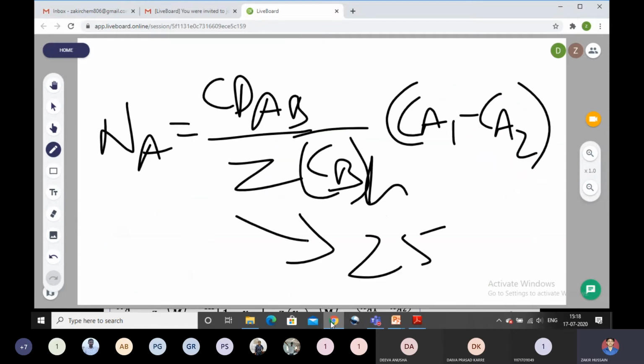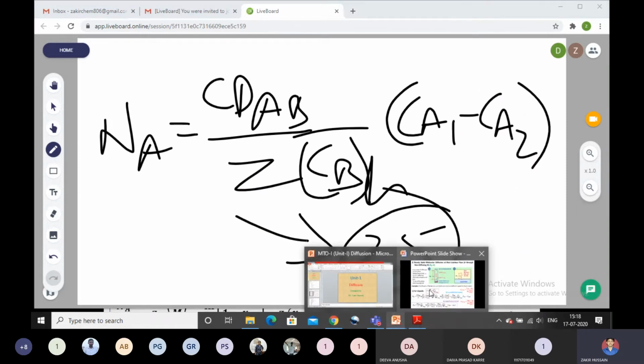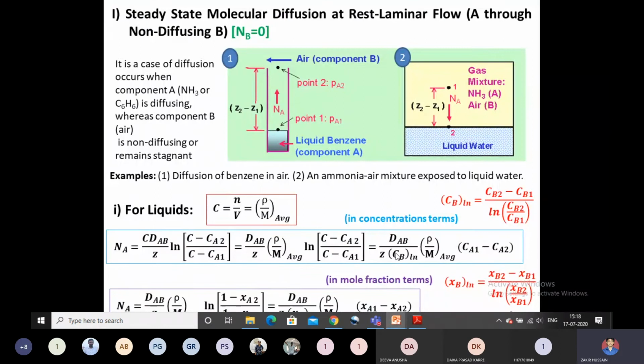I am showing this equation number 25 in the PPT. NA is equal to C, and in place of C we can have rho by M average, into CA1 minus CA2. We already know that for liquids, C is equal to rho by M average.